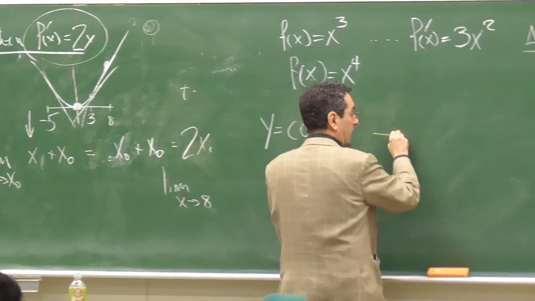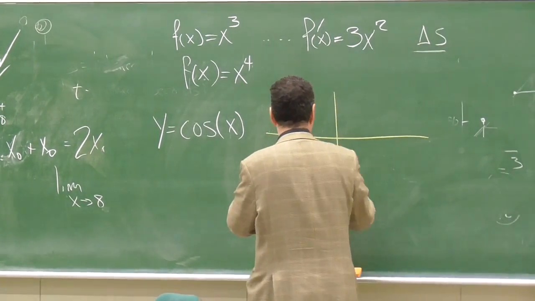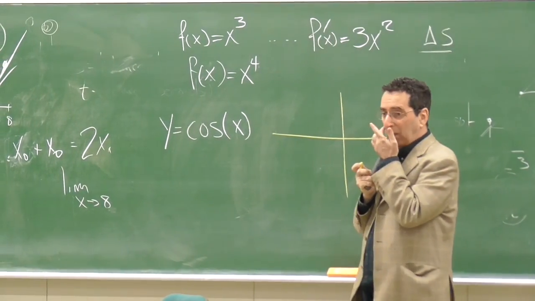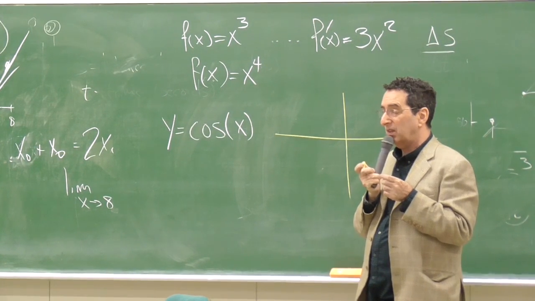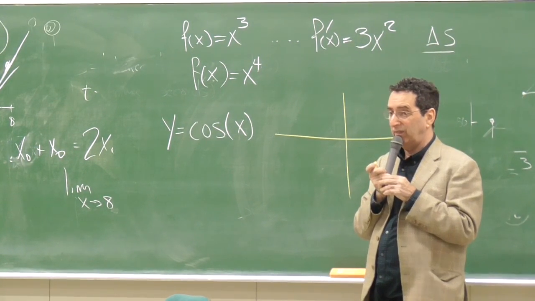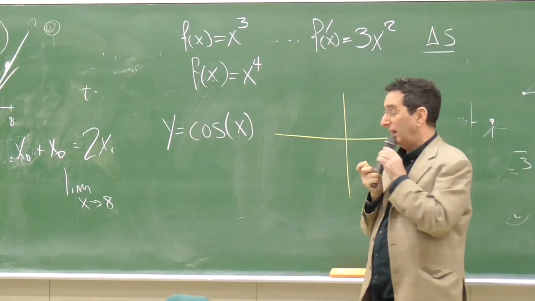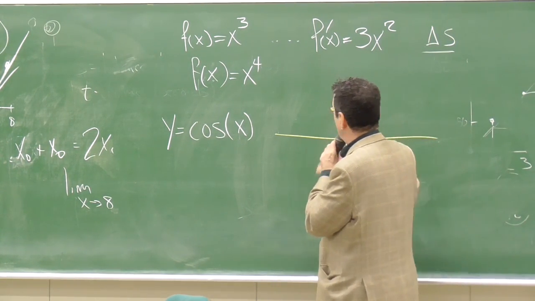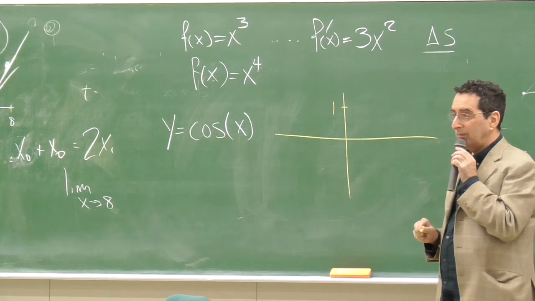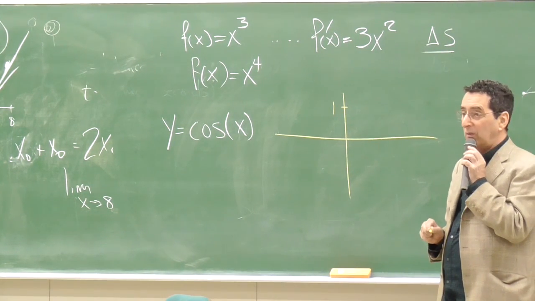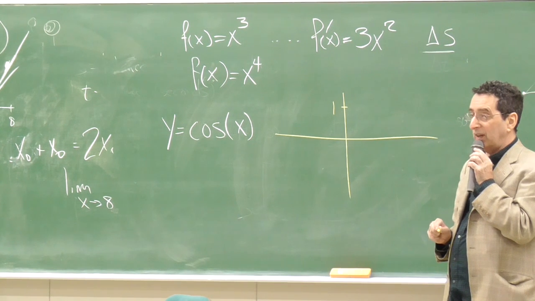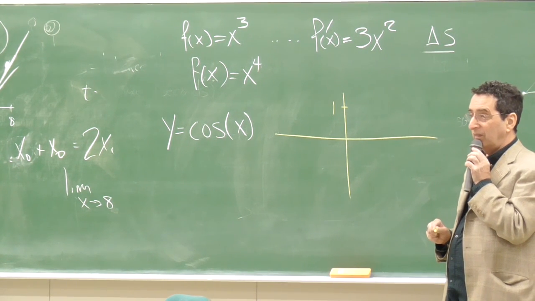So, when the angle is 0, what's the cosine of a 0 angle? 1. You remember that or not? Now, what's the next angle that you remember the cosine of? Besides 0. 90 degrees. Right?